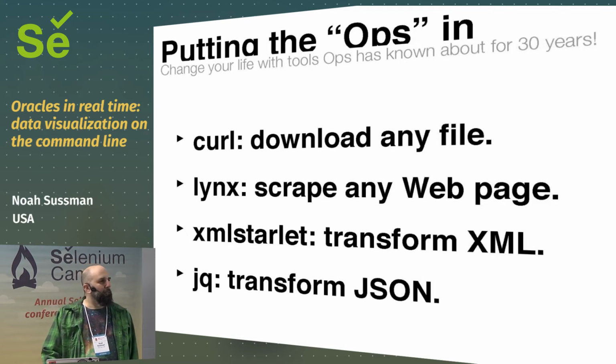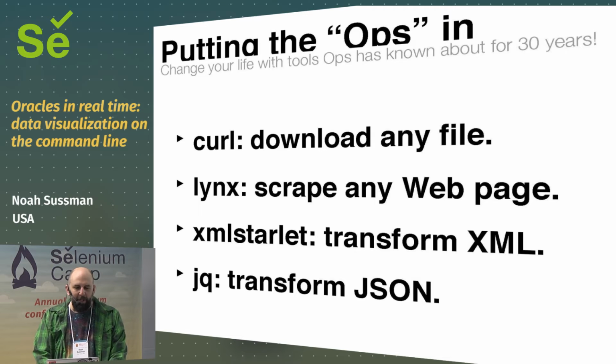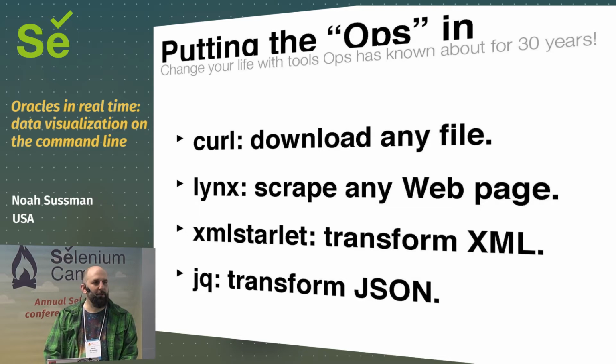And then the last two are really super interesting, and I could do a whole talk on each one. I realized last night as I was finishing the slides. XML Starlet is old. It's the basis of the Emacs mode that you use to work with XML, and it's probably buried in other XML tools that we've used over the years.